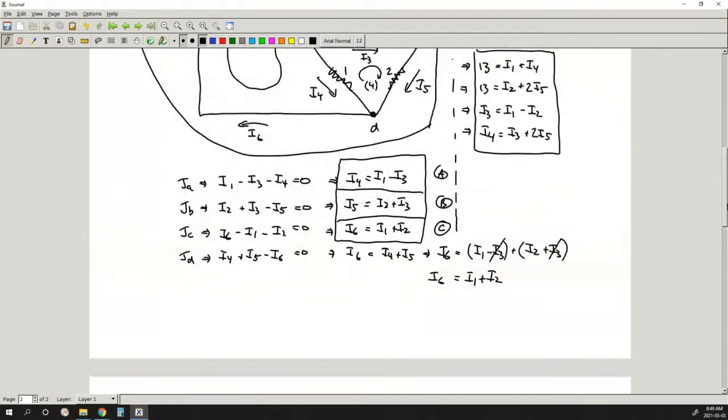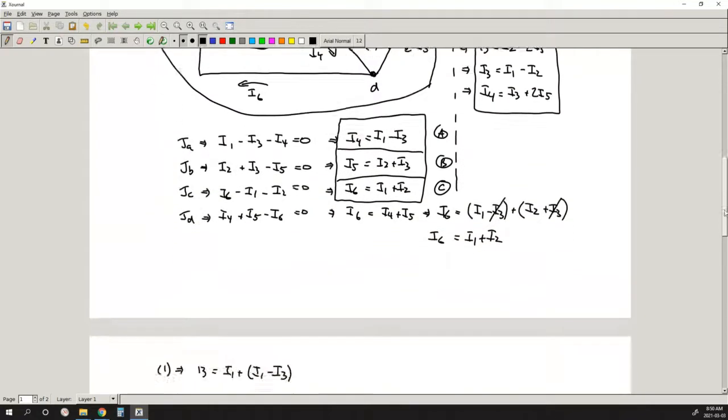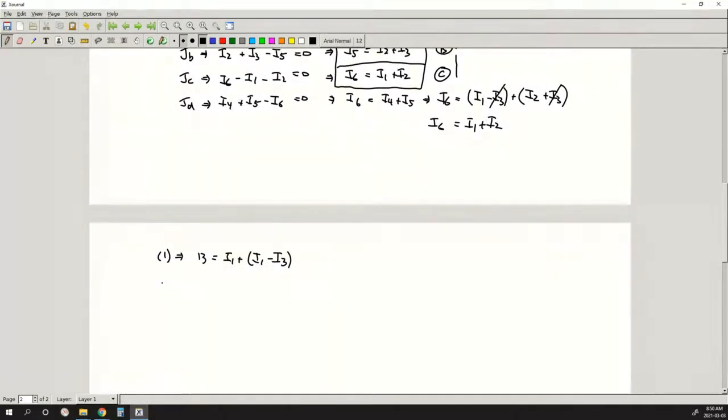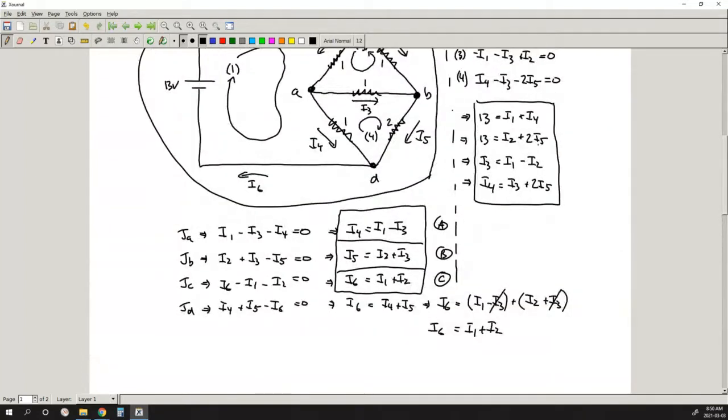That's just I4 having this value substituted in for it, and we can see that here. Equation 2 is going to give us I3 is equal to I2 plus 2 I2 plus I3, and this is because we had 2 I5, so we're just replacing the I5.